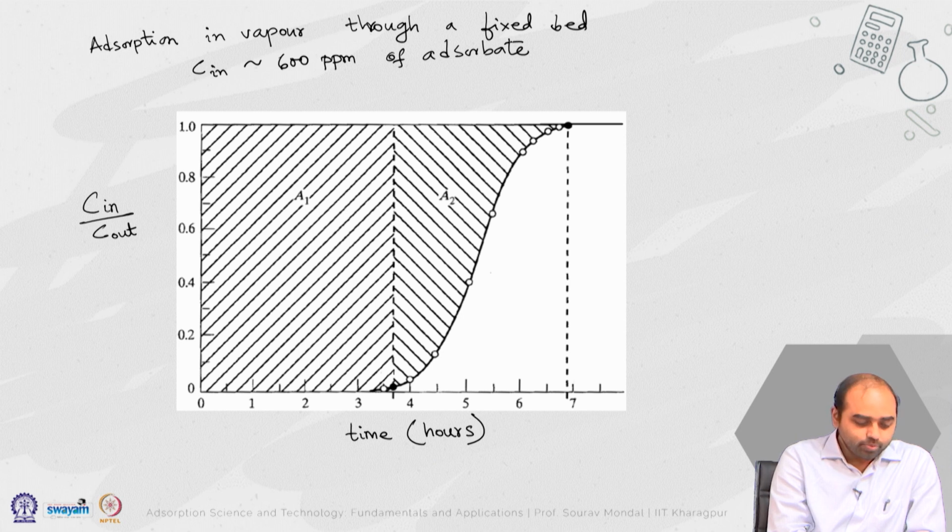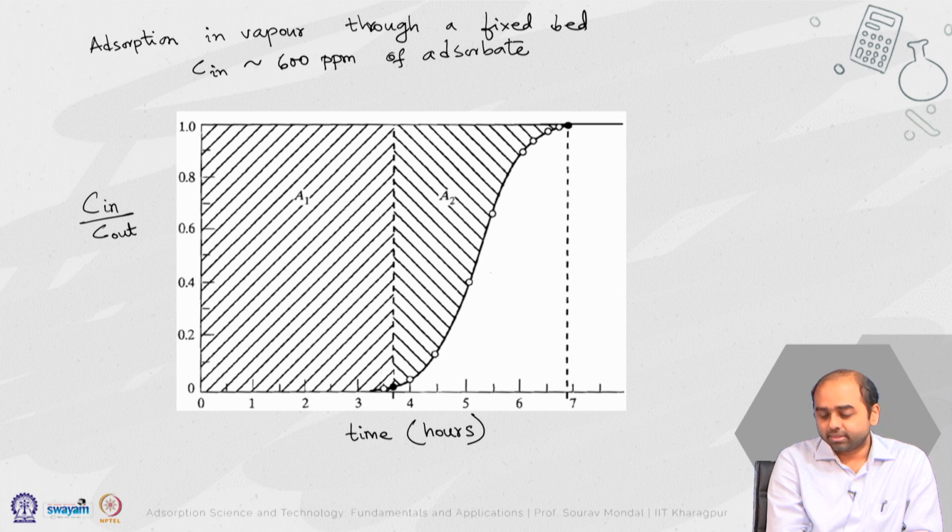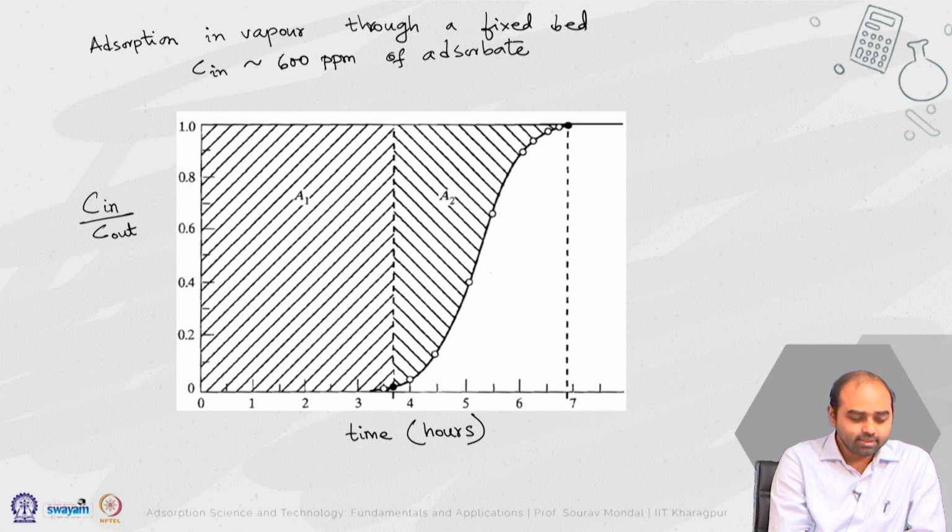Now in the output section, the first thing that should be understood is what is the breakthrough time that one can consider. So now in this case, the breakthrough time can be considered to be the point when this value of C by C f reaches a particular level that I was referring to in the last class.